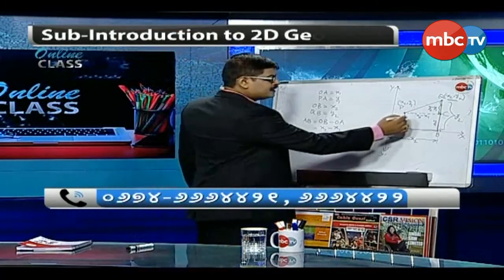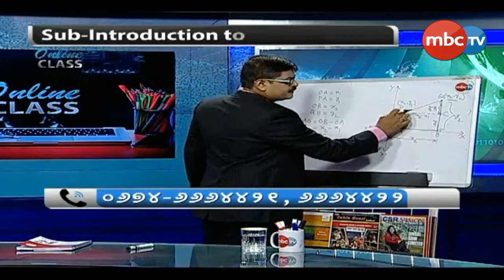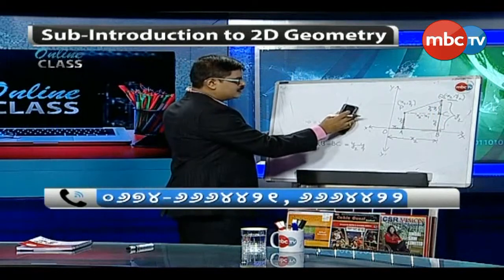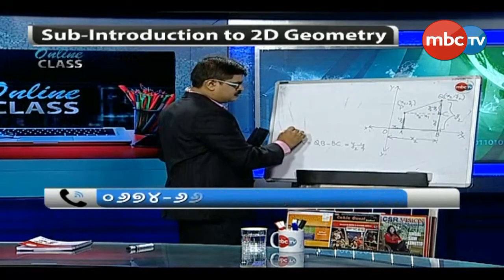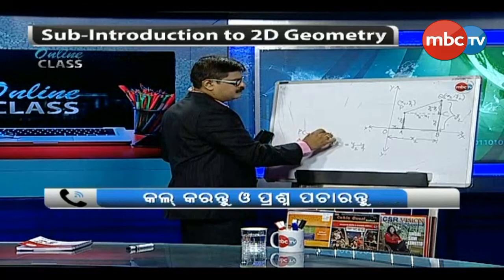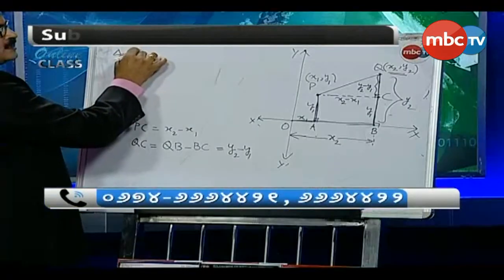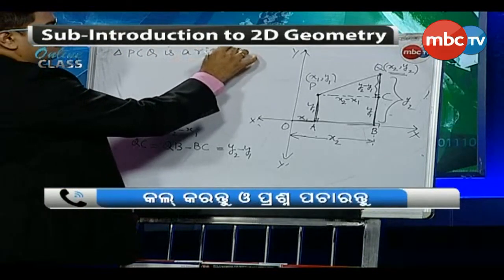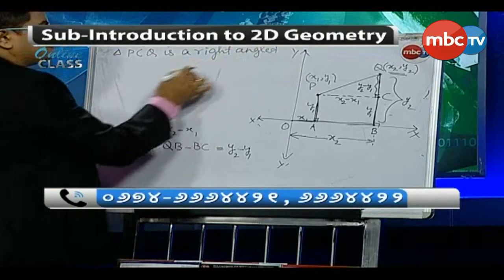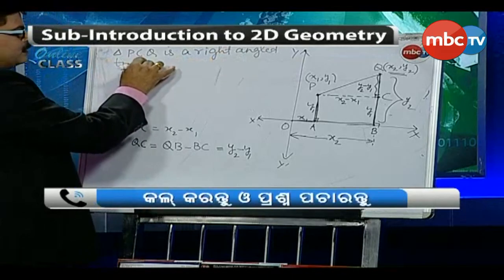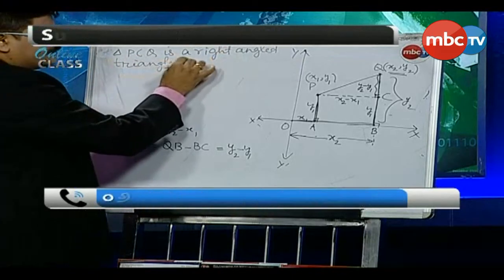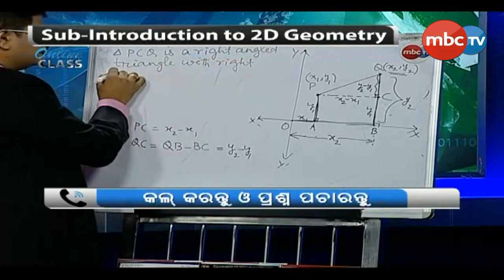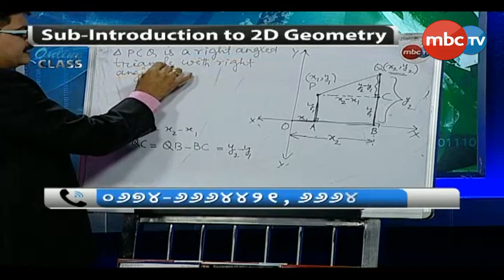Now once you get PC and QC, you see that triangle PCQ is a right angled triangle, with right angle at what?